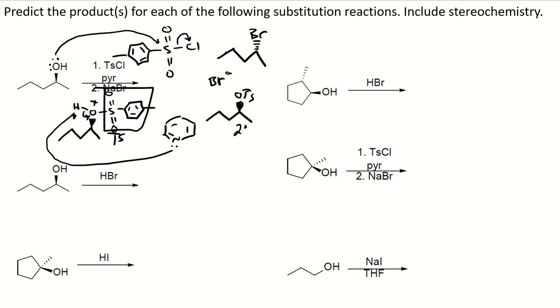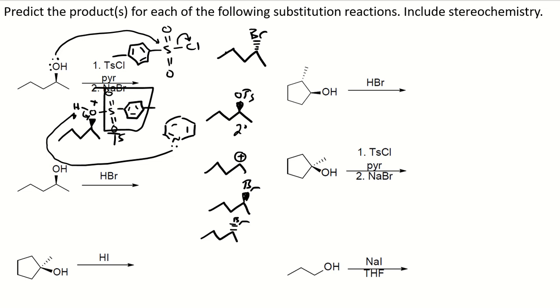Essentially the bromine would add, kicking out the tosylate, and get a dash. However, if this underwent an SN1 mechanism, we would form a carbocation, and then the bromine could add as either a wedge or a dash. And you'd get a racemic mixture of both.